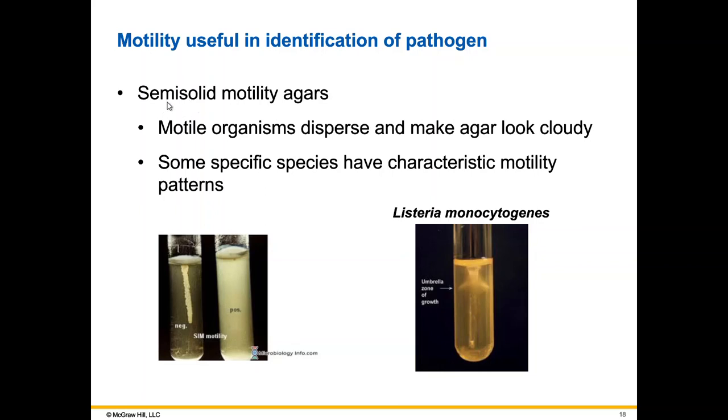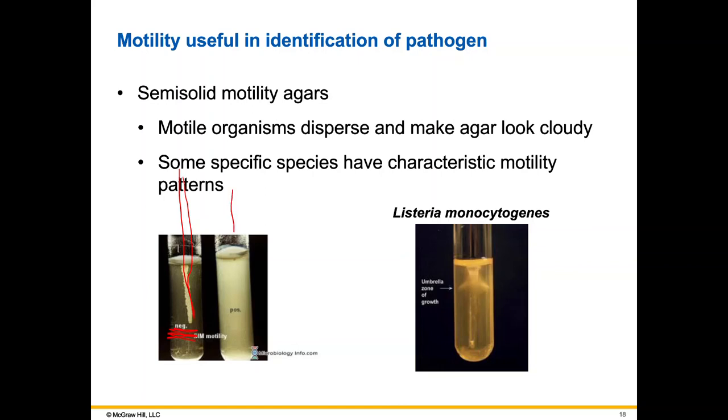So if we have what we call a semi-solid motility agar, and we take a sample of the bacteria on a needle, this is an inoculation needle, so you should have seen that in lab. If we take some on a needle and stick it into the tube and pull it right back out, and the organism that we inoculated the agar with is non-motile, then this is what we're going to see.